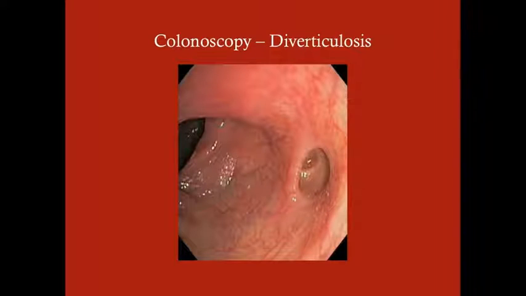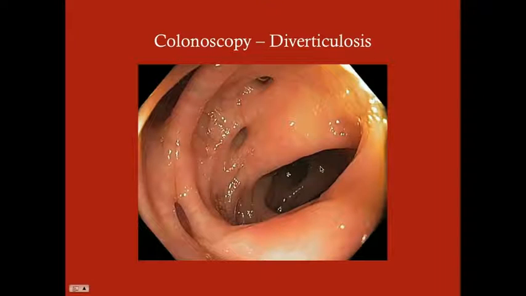So here's a colonoscopy, and this is a diverticulum right here. It's pretty innocent looking. So this is probably just on a surveillance colonoscopy. There's really nothing here other than the diverticulum. Here's a couple of them here. Actually, 3 of them. 1, 2, 3. And this looks like the lumen of the bowel here.